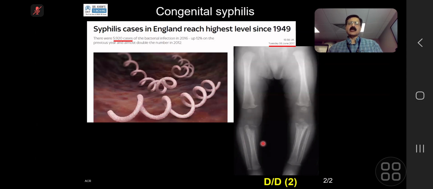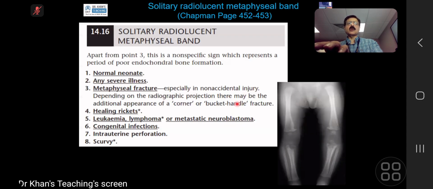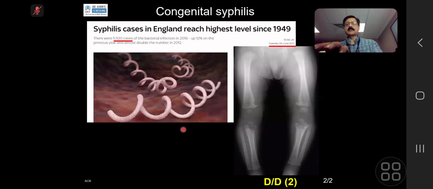Classically, in physiological, it doesn't happen like this. And you can see erosion here. If you stretch your imagination, maybe a bit of lucency in the metaphysis. And you remember there is a differential diagnosis here, solitary radiolucent metaphyseal band, and congenital infection is one of them.